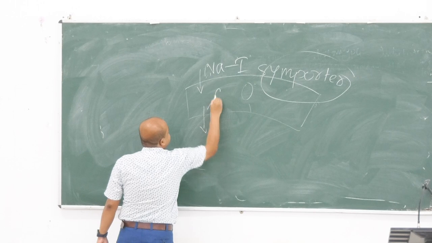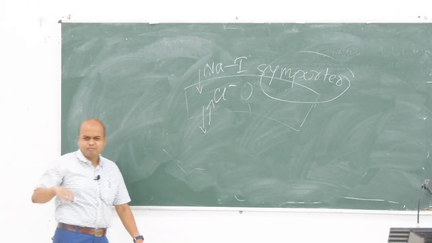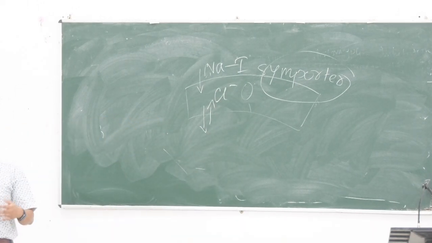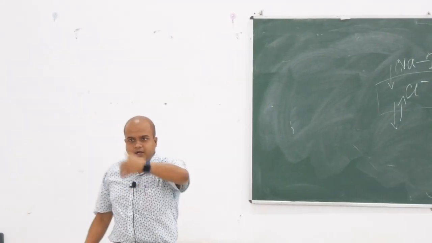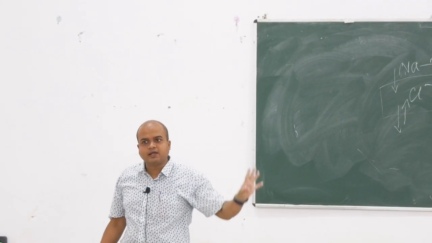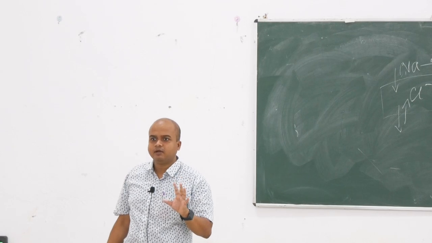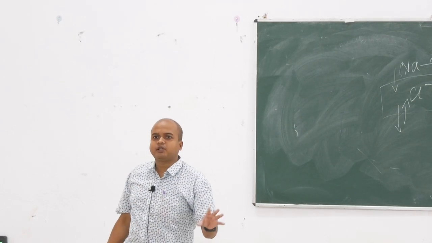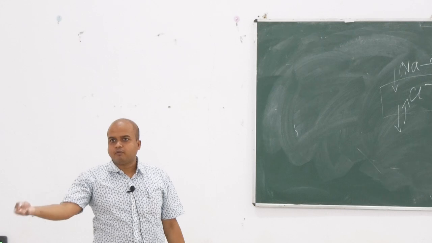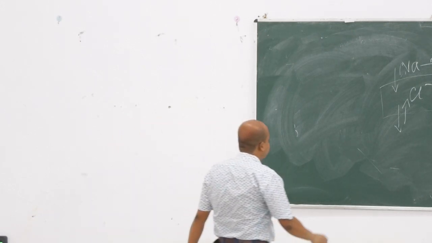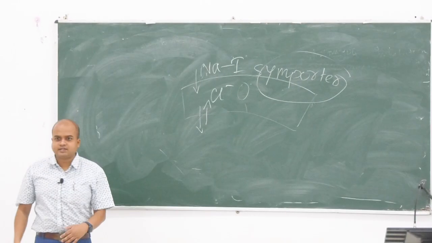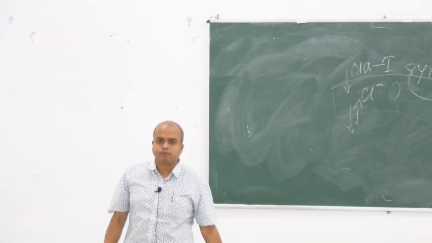Sorry, you should not say inside the cell. The thyrocyte itself was here. It goes inside the colloid where the thyroglobulin molecule is present. Iodine is incorporated into the thyroglobulin in exchange of chloride. That is the antiporter.